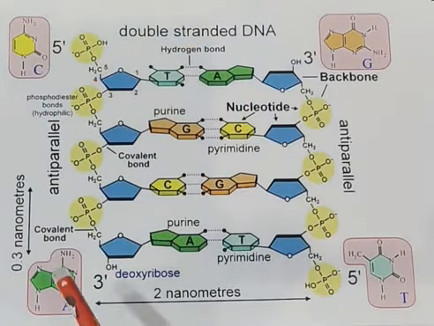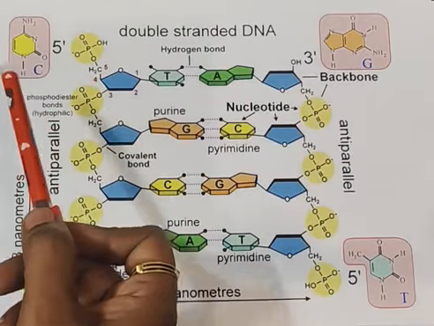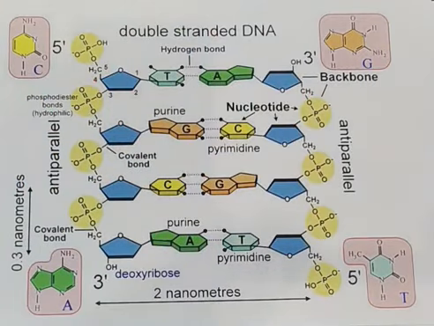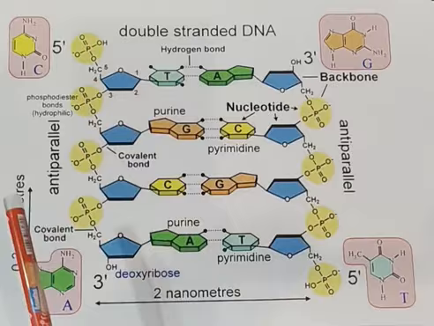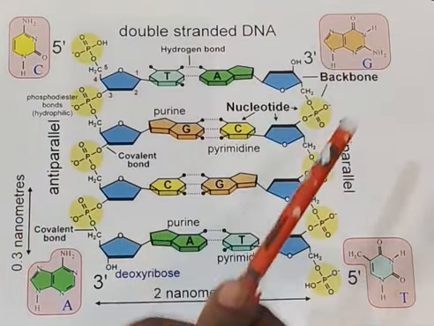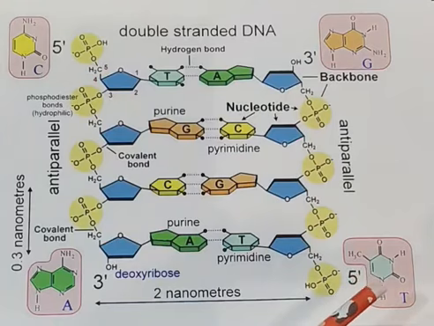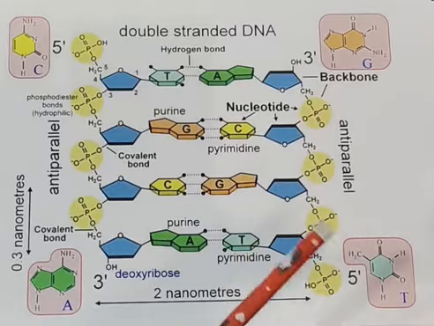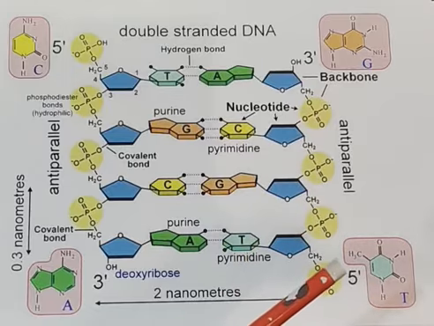But if A wants to pair with C, can A form a pair with C? Yes, it can, but the number of hydrogen bonds possible between A and C is only 1, not 2. In the same way, G can also pair with T, and again the number of hydrogen bonds possible between G and T is 2, not 3.